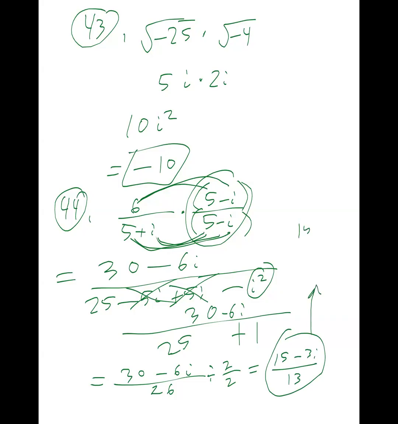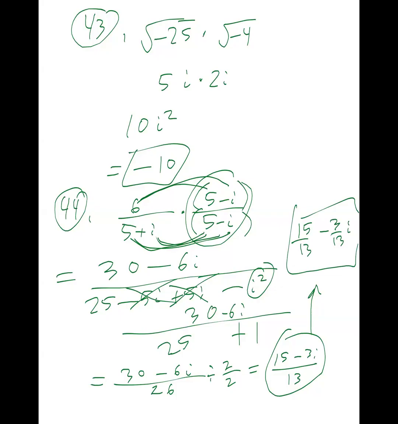I'll explain how to do it just in case this first answer doesn't work. So 15 over 13, and then negative 3 over 13, with the i beside the last one. Basically you're separating the fraction into 15 over 13 and negative 3 over 13, and the i is on the right side of the 3 and the 13. So hopefully you don't have to separate it out like that, but just in case you do.